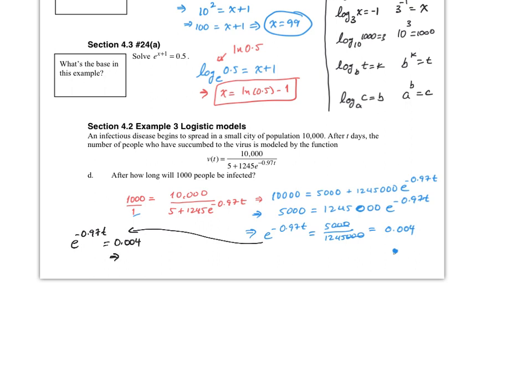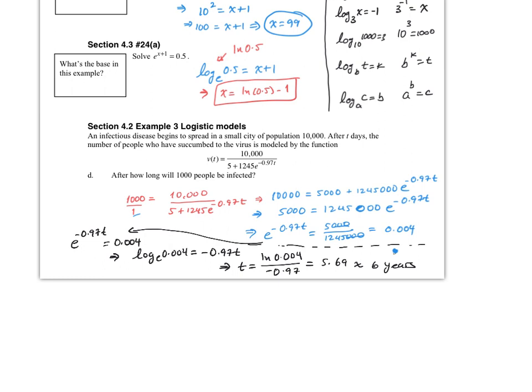So you switch from exponent to log. It's going to be log base e of 0.004 equals minus 0.97 t, which means t is going to be ln of 0.004 divided by minus 0.97, which is 5.69 or around 6 years.